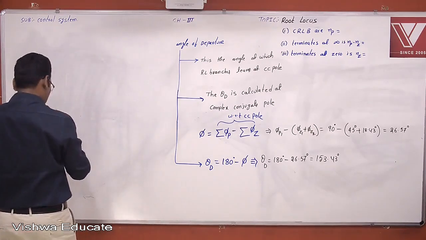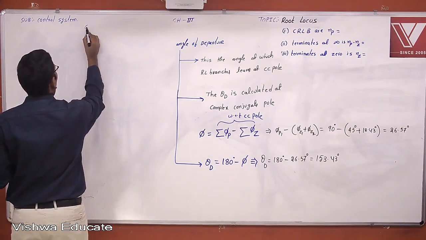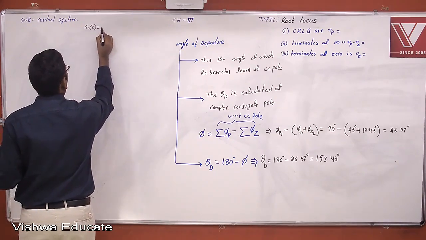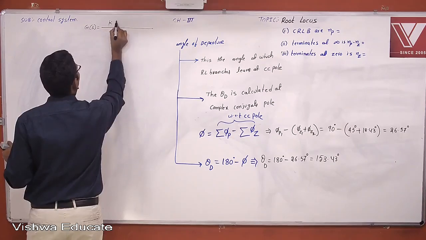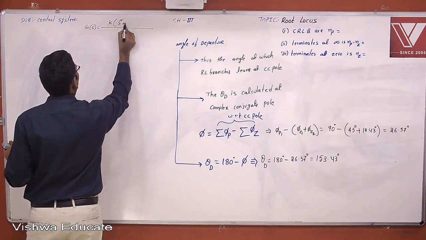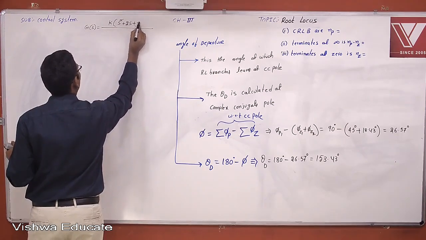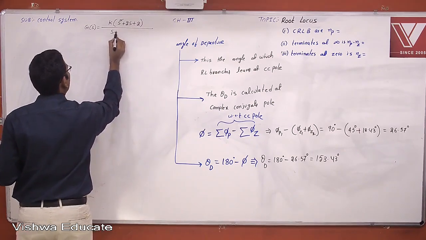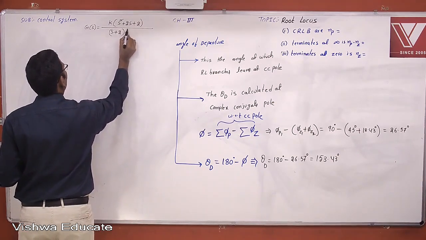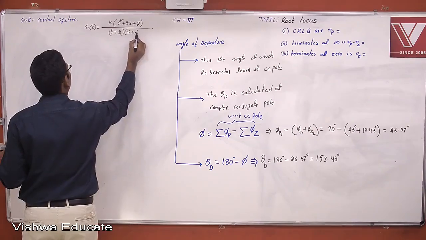Now, the transfer function G(s) is equal to K into (s squared plus 2s plus 2) by (s plus 2) into (s plus 4).